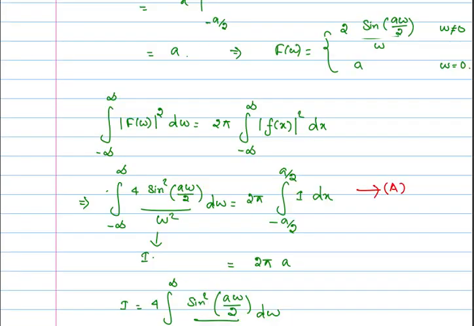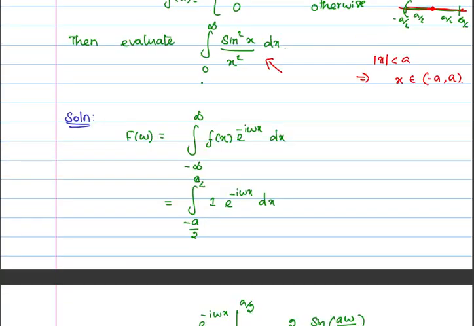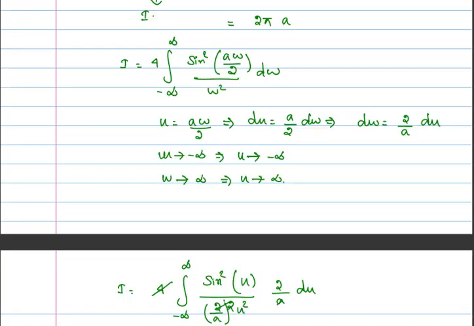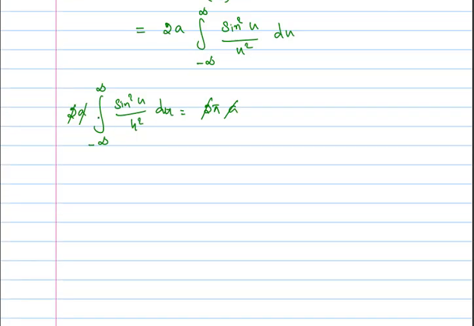But our aim is to find the integral from 0 to infinity. The given function is an even function, so using this fact I can write this integration as 2 times the integral from 0 to infinity of sin square u divided by u square times du equals pi.